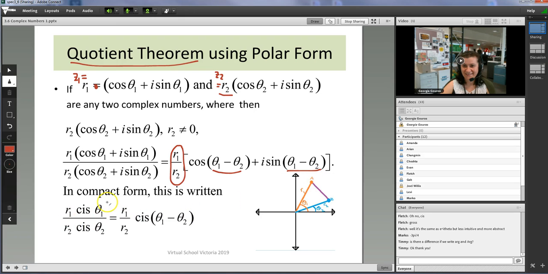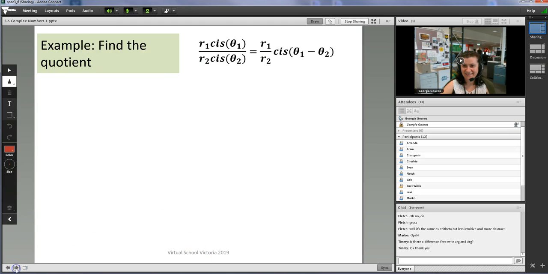We can write this in compact form: R1 cis theta 1 divided by R2 cis theta 2 is simply the moduli divided and the arguments subtracted. Makes it so much easier. So if we keep that in mind, we can do an easy division here.